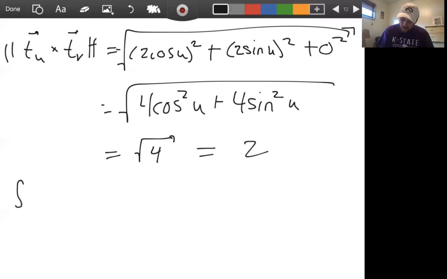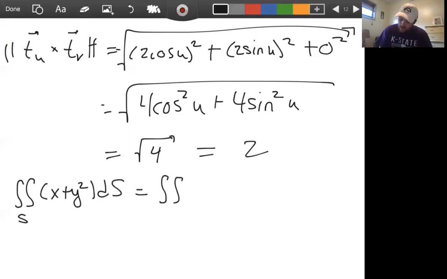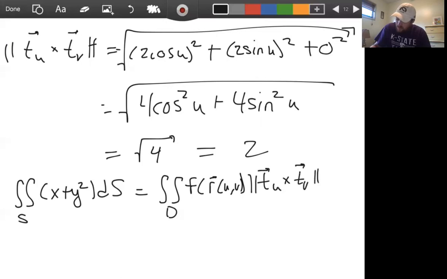So using our formula, the scalar surface integral of x plus y squared dS is equal to the double integral over the parameter domain D of f of r of uv times the magnitude of t_u cross t_v du dv.